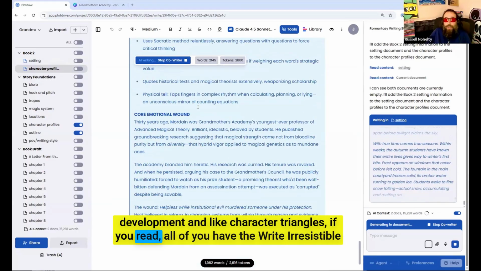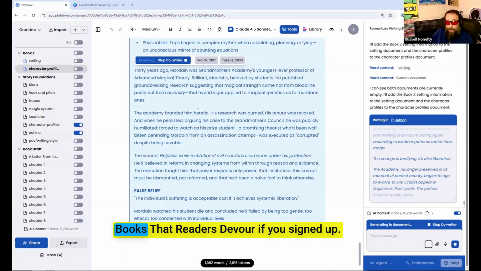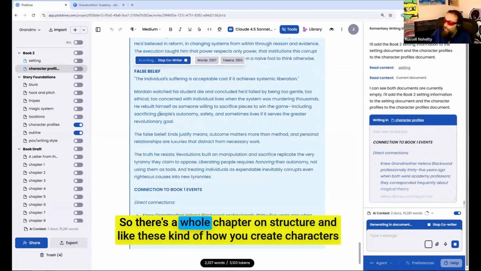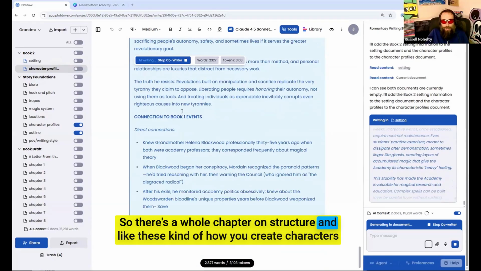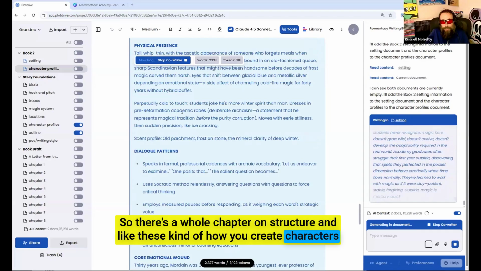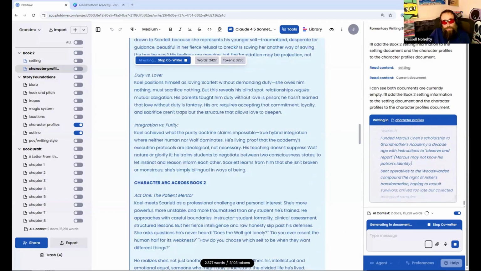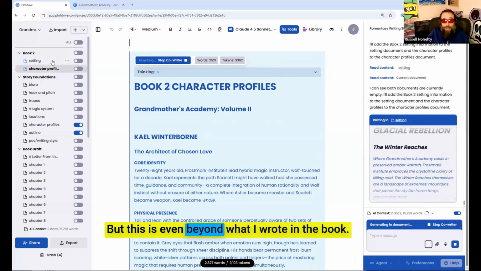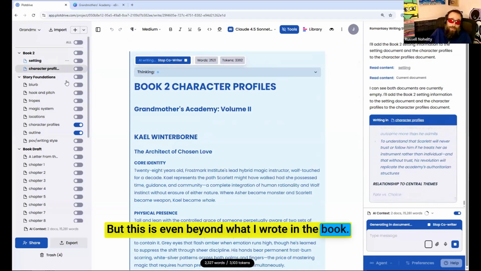If you read Irresistible Books That Readers Devour, there's a whole chapter on structure and the different ways you can create characters. But this is even beyond what I wrote in the book.